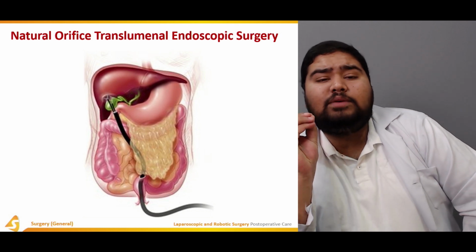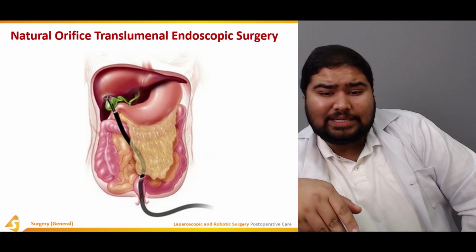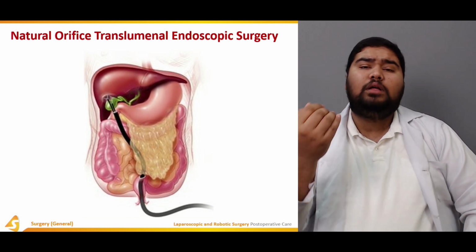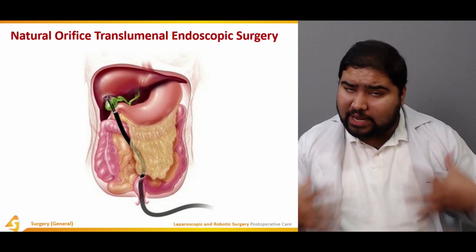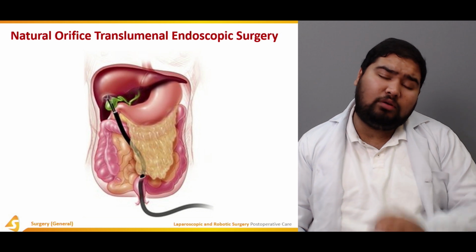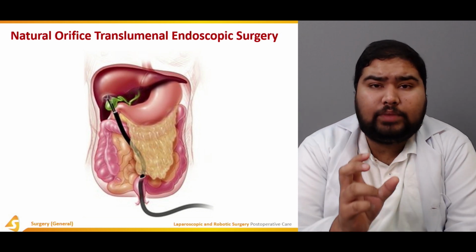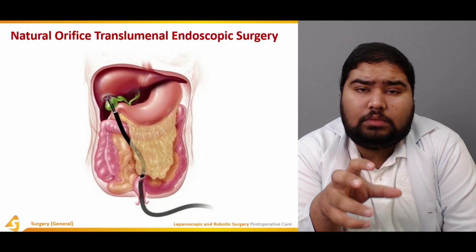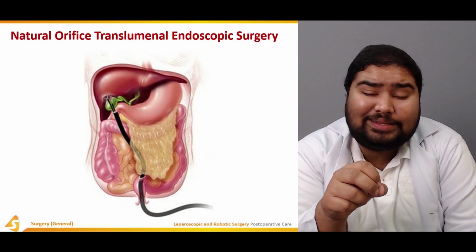The difficulty with this procedure is that it is very difficult to maneuver the entirety of the peritoneal cavity through that natural orifice, and along with that there's the opening of the rectal canal itself.